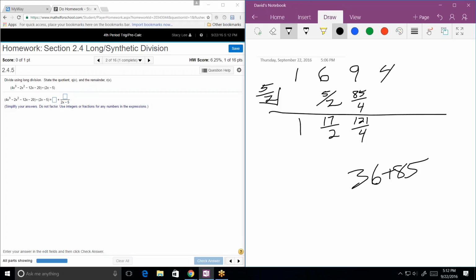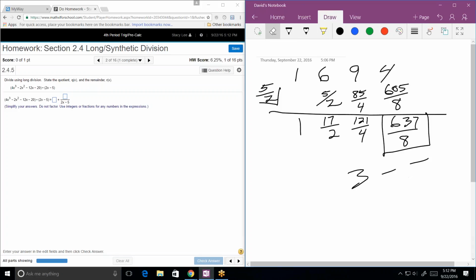And now when we multiply that, we get 605/8. That's 32/8. So we get 637/8 is our remainder.